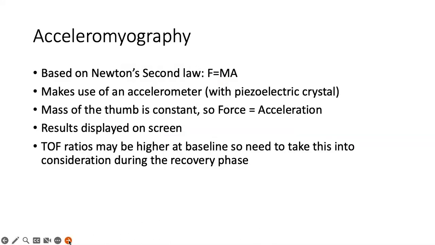But the principle is the same. So Newton's second law, force equals mass times acceleration, it uses an accelerometer with a piezoelectric crystal, and based upon that, it is able to tell you the level of the muscle relaxation.